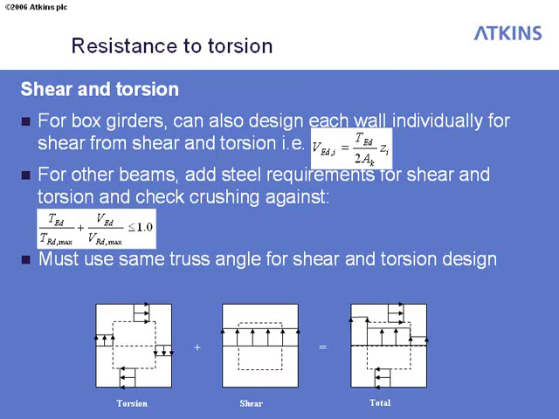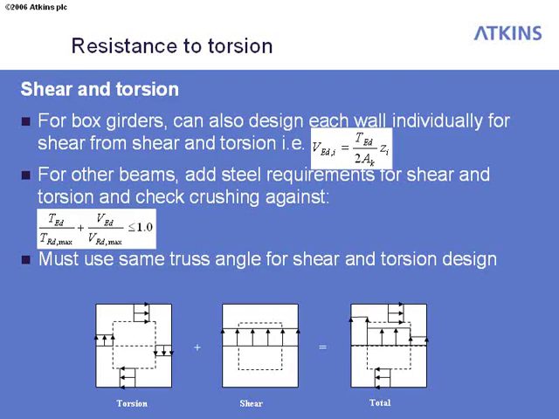And what the Eurocode says is if you have a box girder, then you've got a choice of what you do. You can either add the shear from torsion directly in each web to the vertical shear, and then just design that web for shear. Or alternatively, you can do the design separately.